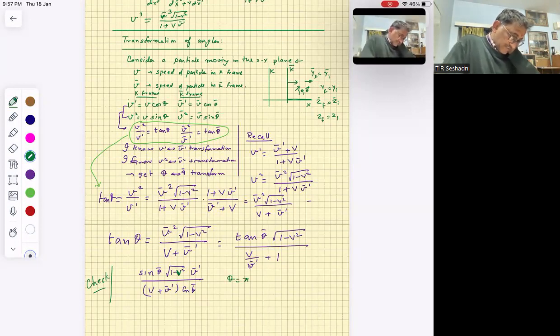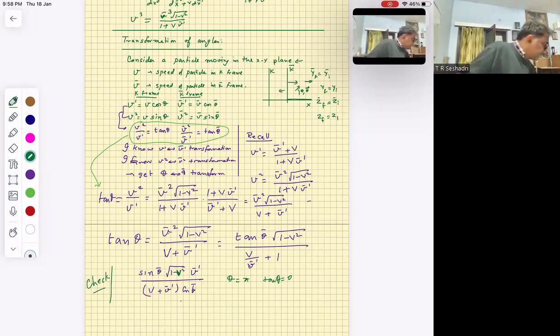The particle is moving in this direction, suppose. Then theta is pi, then tan theta is equal to 0. And if you substitute it over here also, it is 0, that also matches. I don't know whether it's an error in Landau or this is okay.